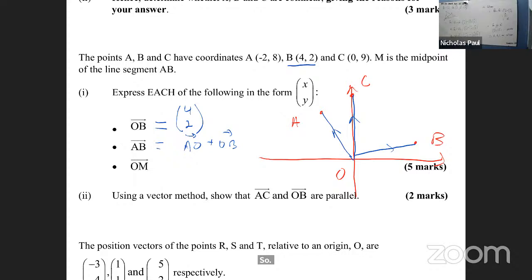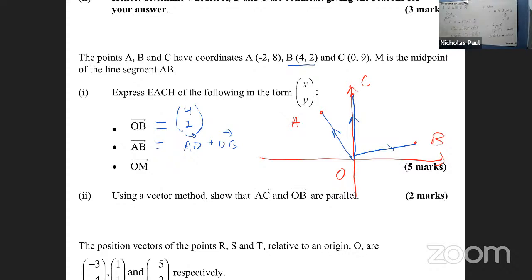Would M be O? No, M is in the middle of A and B. The dotted line is a section of M and B. Read the instructions.